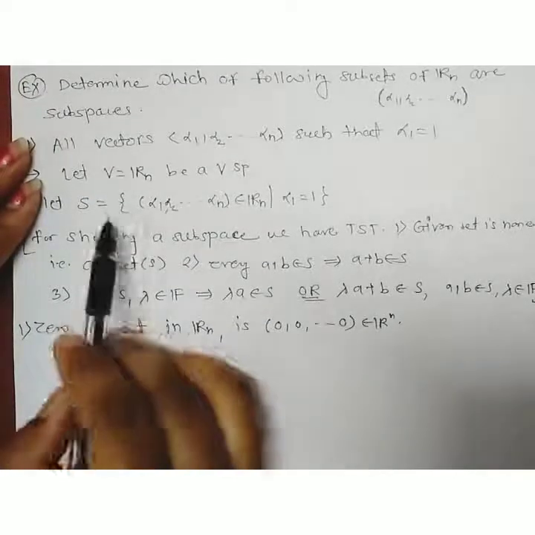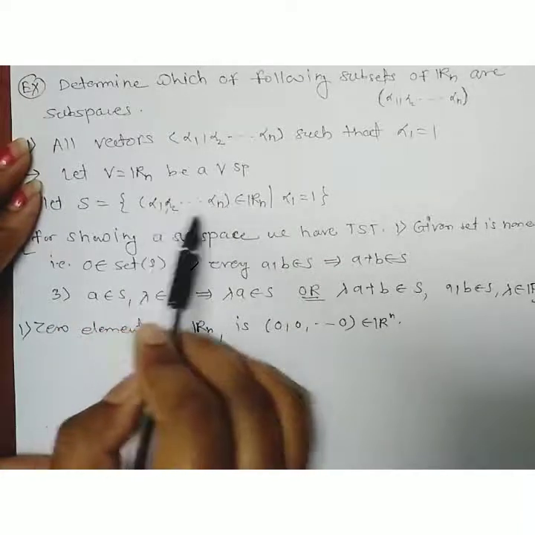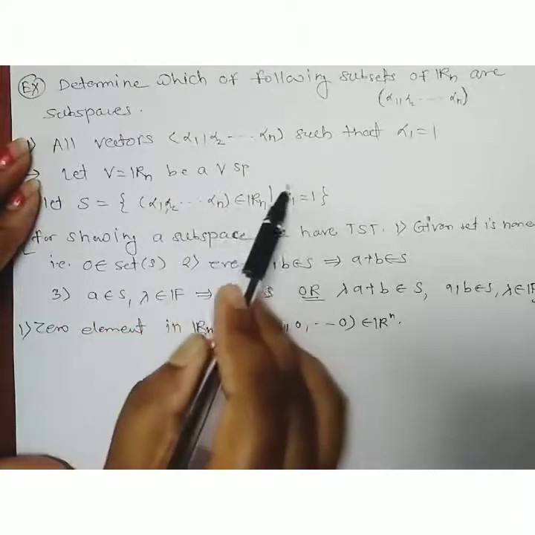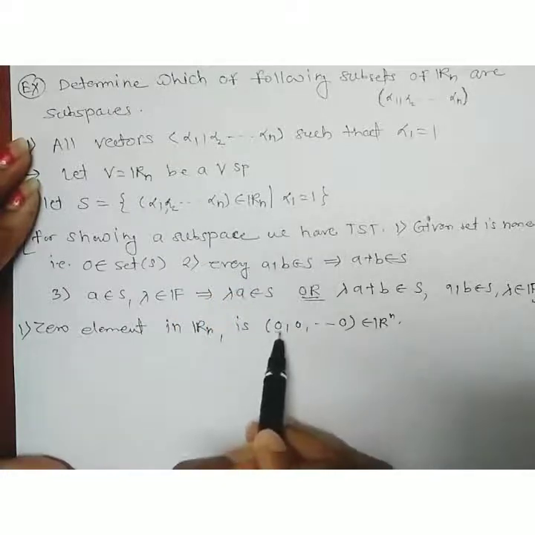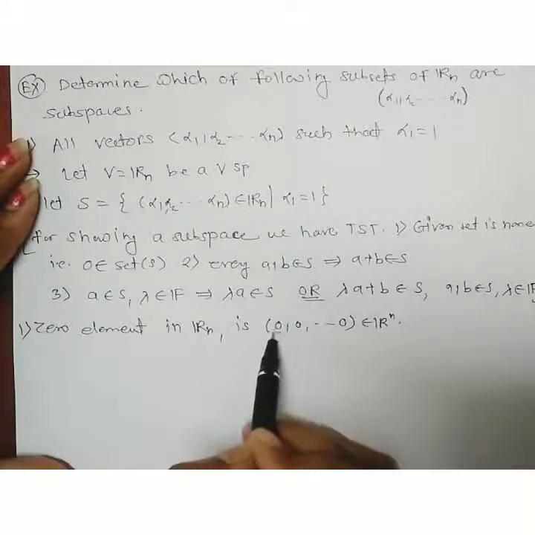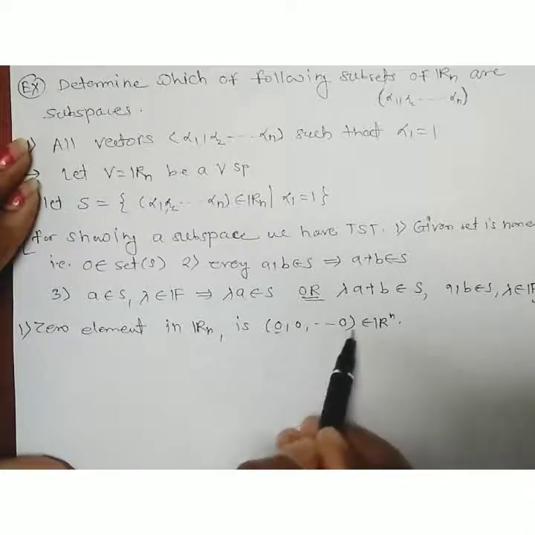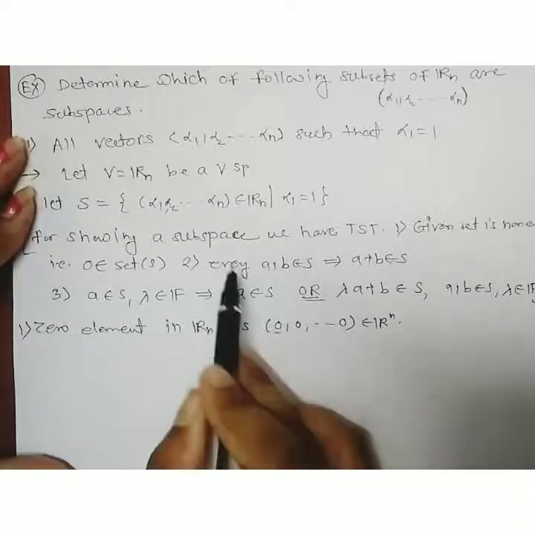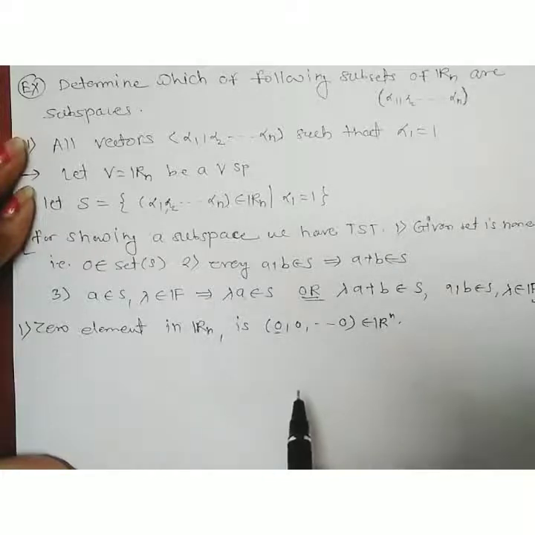Because the set consists of elements of the form alpha 1, alpha 2, up to alpha n, such that the first element alpha 1 is equal to 1. But look here, the first element is 0, not 1. Therefore, the zero element doesn't belong to that set.